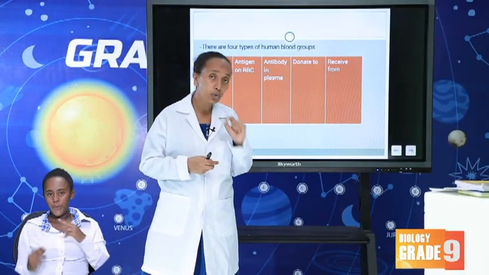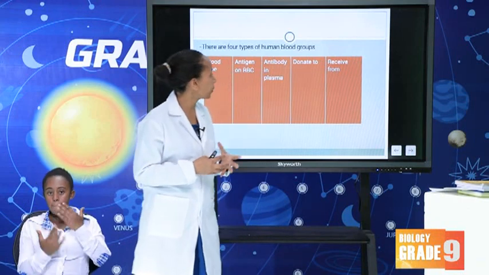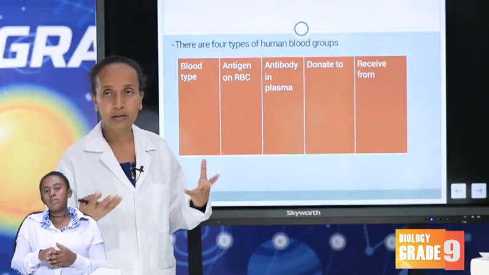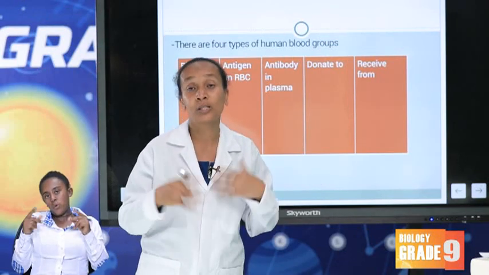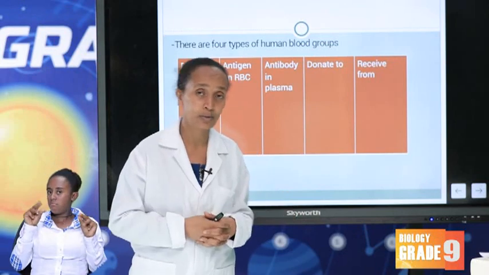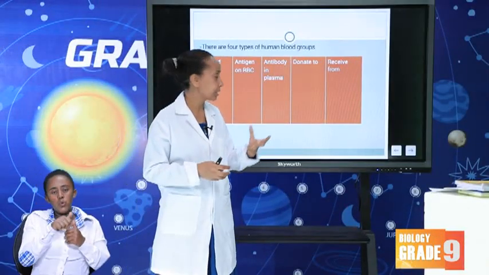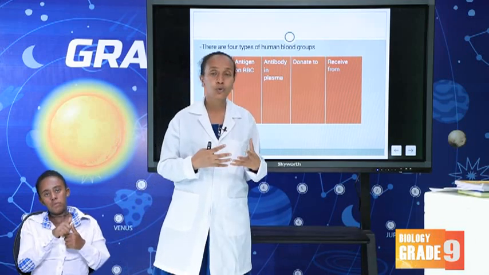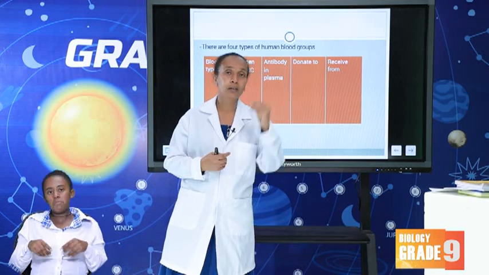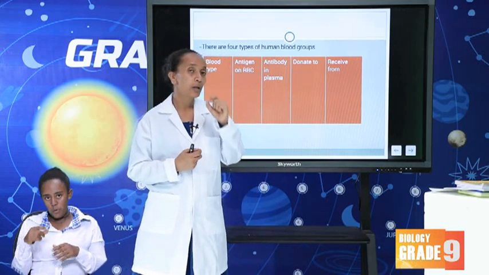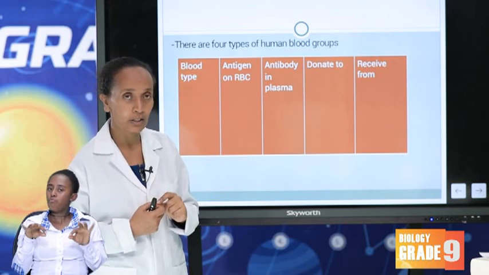Again, it plays important role at the time of blood donation. Why? Because you know that our blood is contained in our body and there is no chance to mix with other blood under normal circumstance, but when there is some injury, we are exposed to donate or to receive blood from other individuals. At that time, knowing the type of blood group is very important.